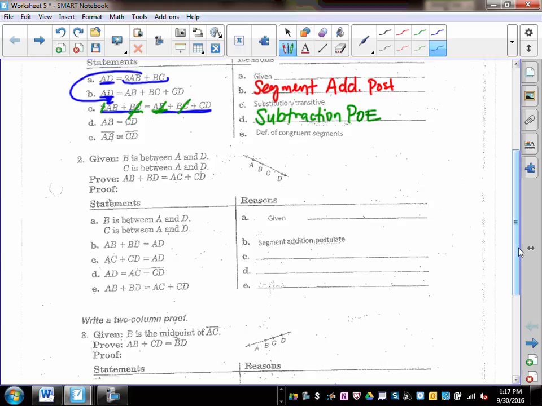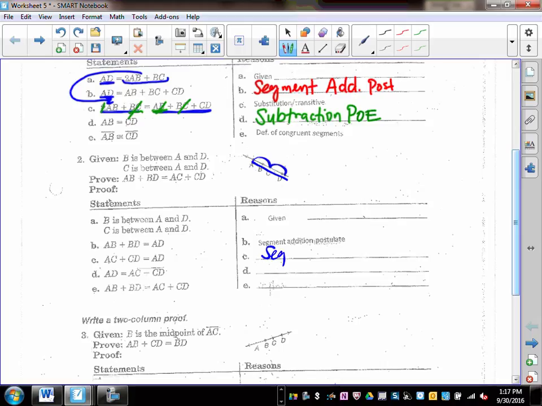Alright. AB plus BD equals AD. Segment addition, right? This plus this equals the whole thing. Alright, what about AC plus CD equals AD? What would that be?